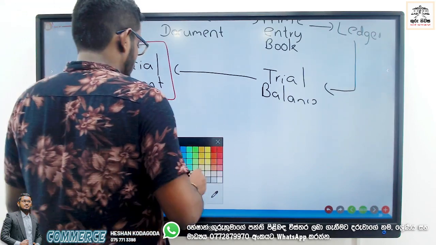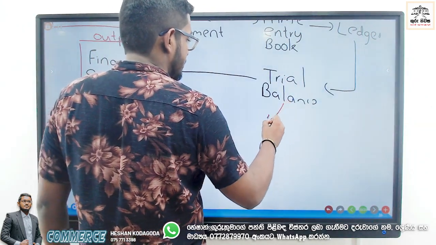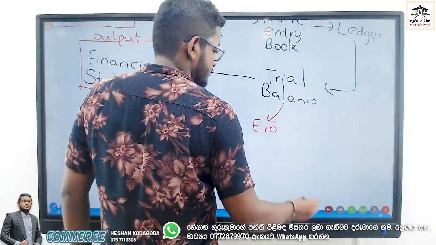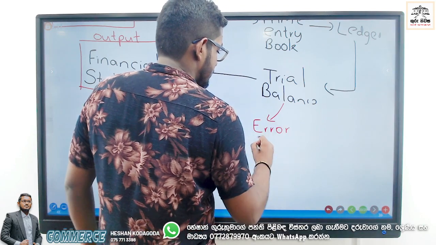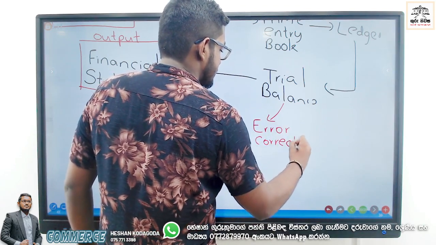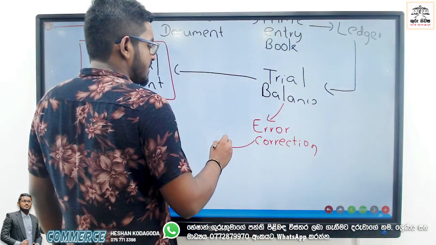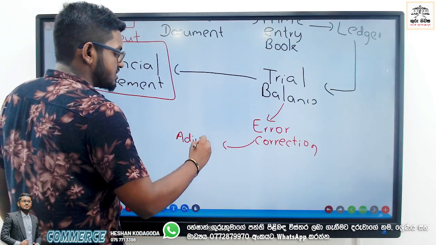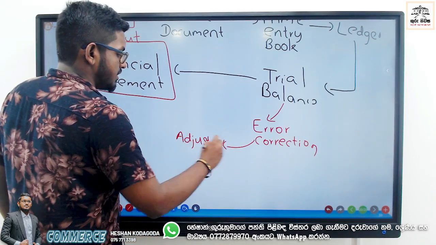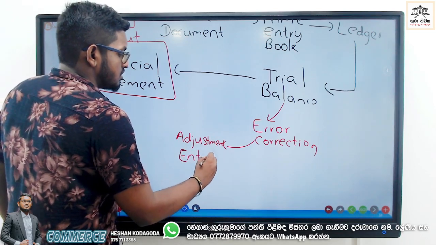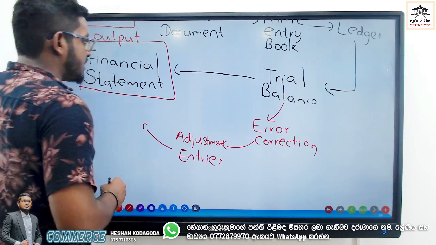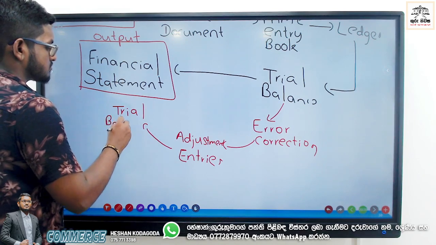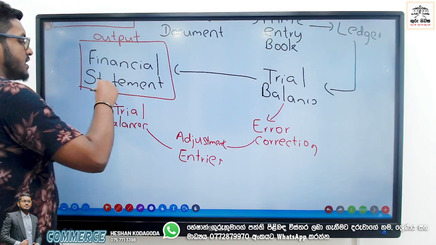I told you there is a hidden part here. When we extract the trial balance, first we do error correction. This is the grade 10 last lesson. Once we correct the errors, we record the adjustment entries, which is the next lesson. Again, we prepare the corrected trial balance, then we prepare the financial statements.